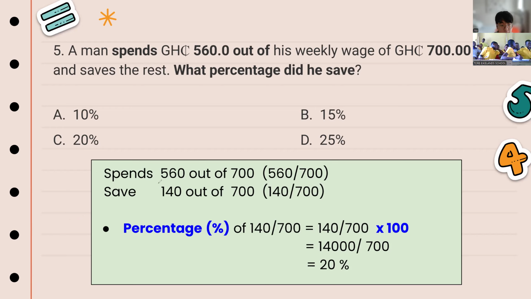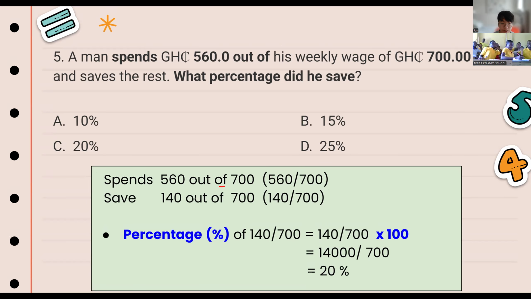So we spent 560 out of 700. And then we saved 140 out of 700, because 700 minus 560 equals 140. 140 Ghana cedis are saved.